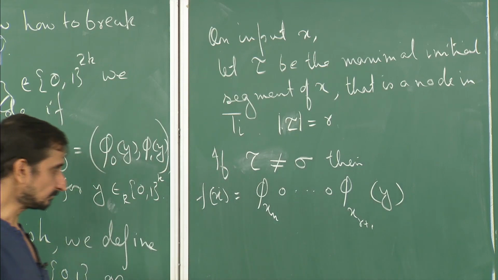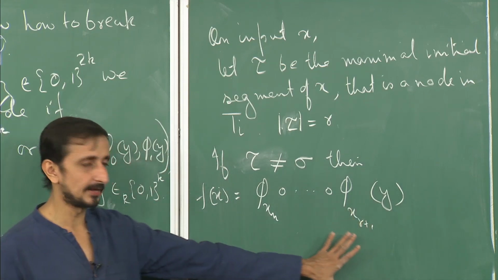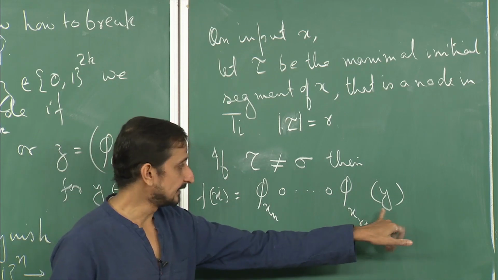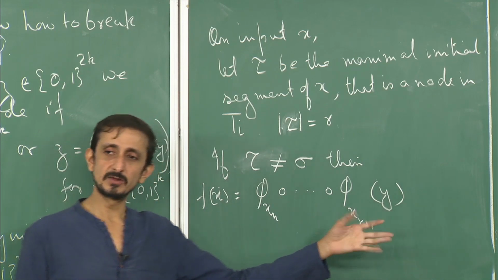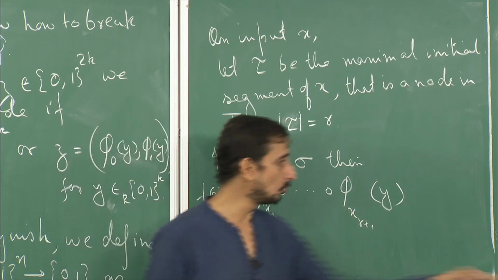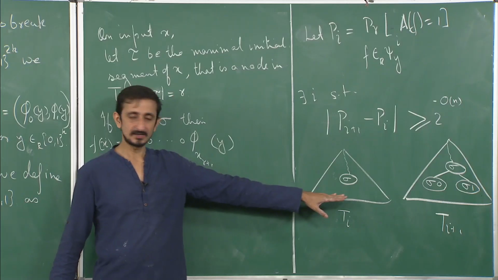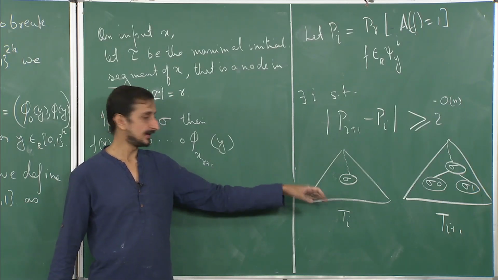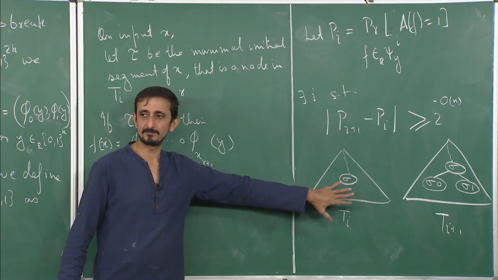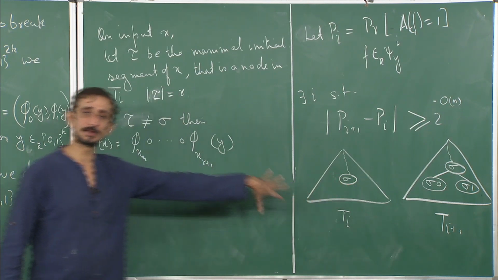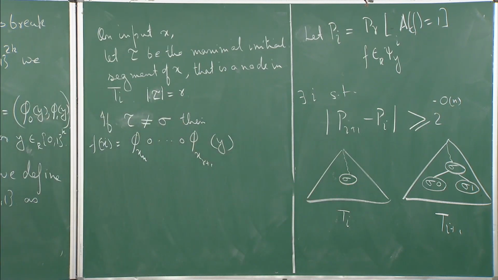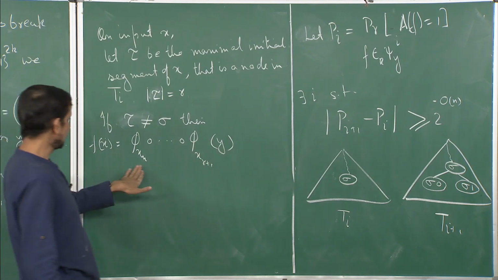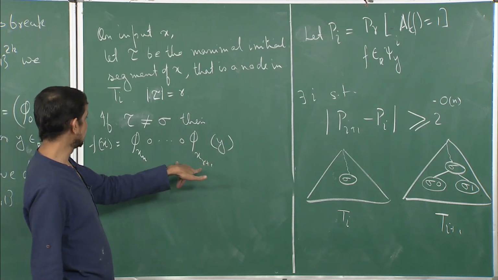So one point that I want to emphasize is that the choice of this y actually depends on the node of the tree. Okay, so when we say that I choose a y randomly, it is for a node. Once I have a node of a tree, it is with respect to that node. Okay.